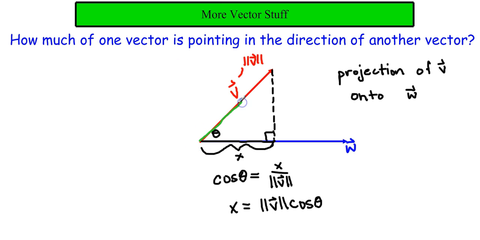Well, that's going to shorten the projection of v onto w to this length right here. If you lengthen that, then maybe that's going to extend v out to here, and we would drop a line perpendicular, and now my projection of v onto w would be a little bit longer. So it's dependent upon the length or the magnitude of vector v.